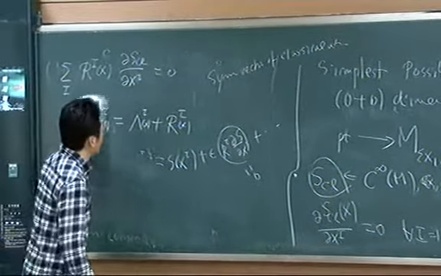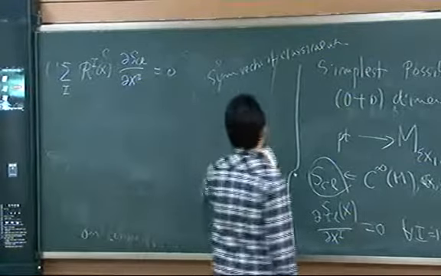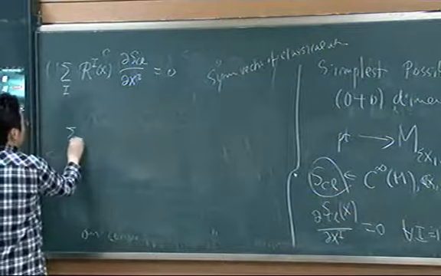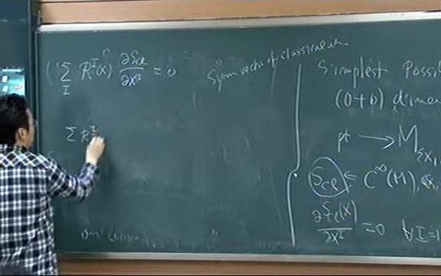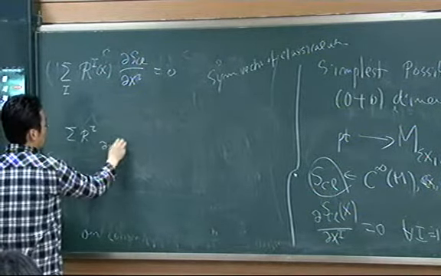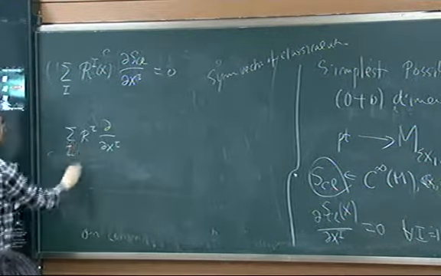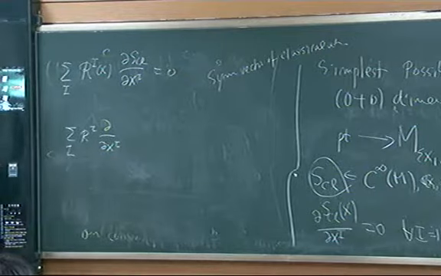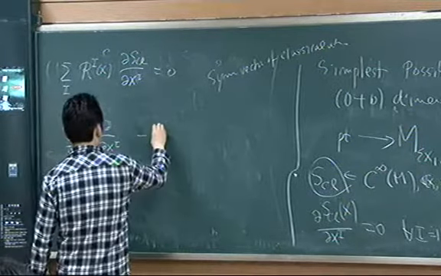Now, symmetry is a problem. Let me write this down in some naive way. Assume that I have a symmetry vector. I will denote the vector in this way, identifying vector with derivation. And another symmetry vector.